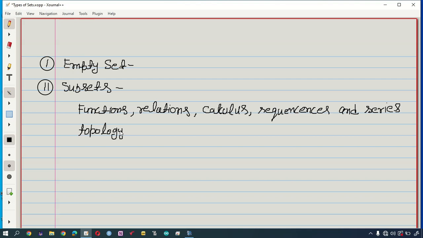A clear understanding of set theory is mandatory. So now I have started from the basics, so that if I make any video on an advanced topic, you will understand. So start from empty set.